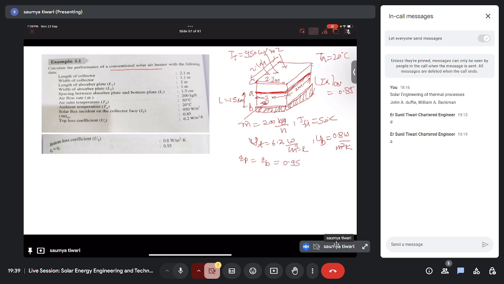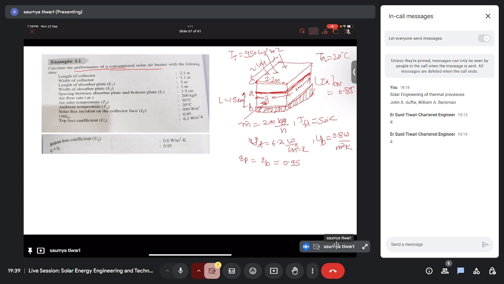So what we have been asked to calculate is the performance of this conventional solar air heater. Let's see how to practically understand what's actually going on in this solar air heater. With some assumptions, we'll see the derivation.